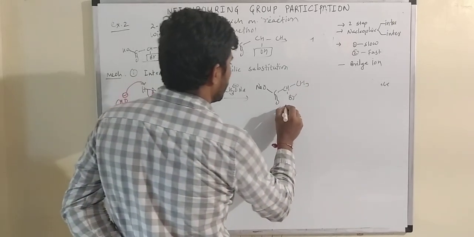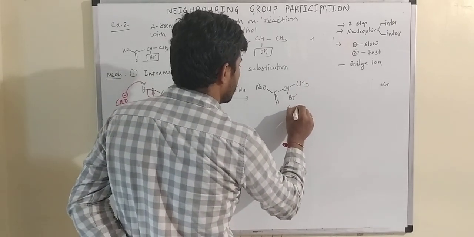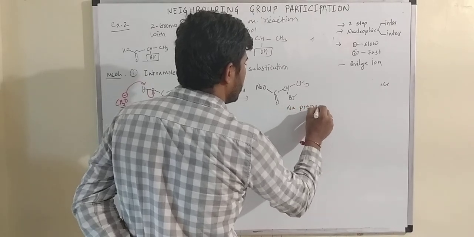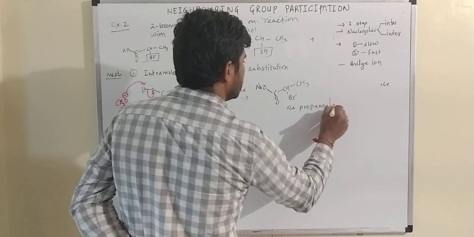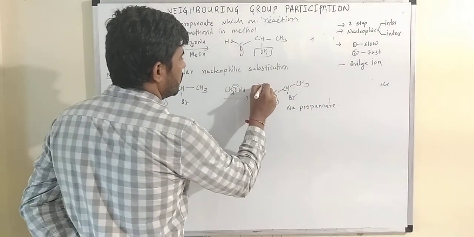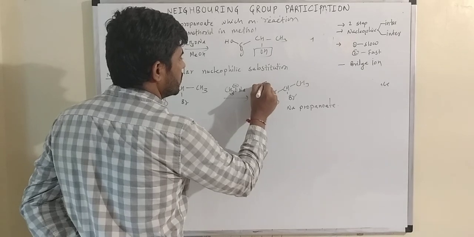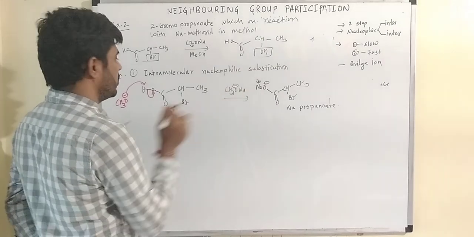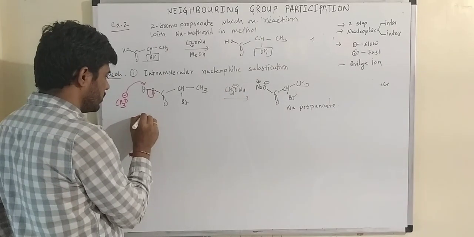So this is sodium propanoate. This gives the salt of this. This is the negatively charged species and this is positive. So now we are going to take this for the first step of the reaction.